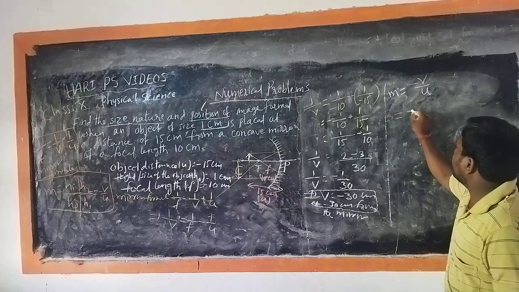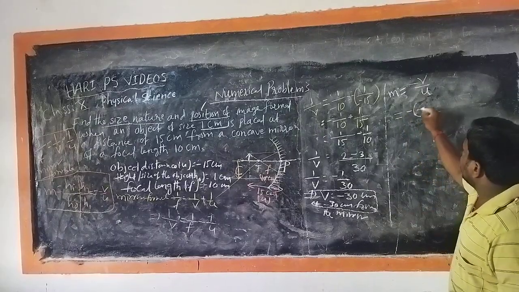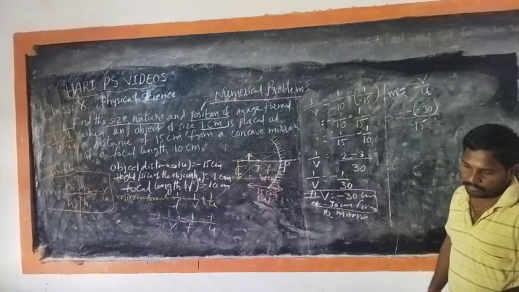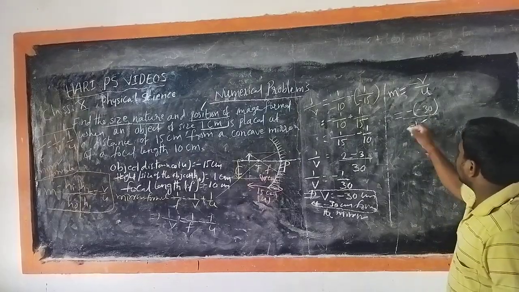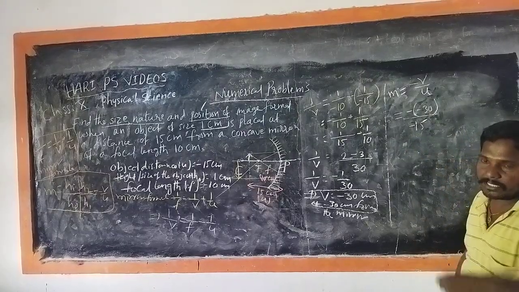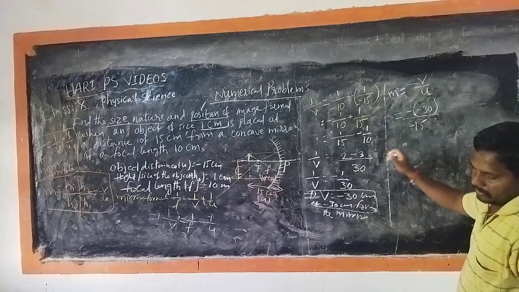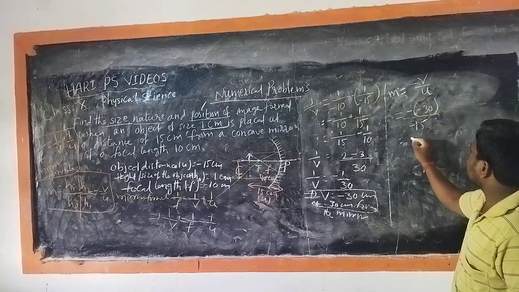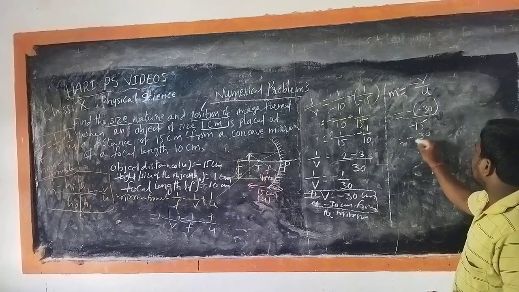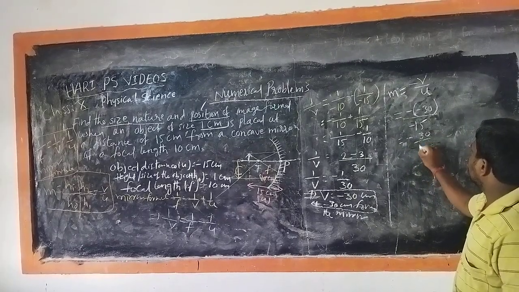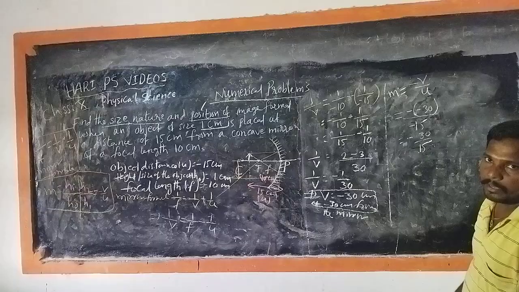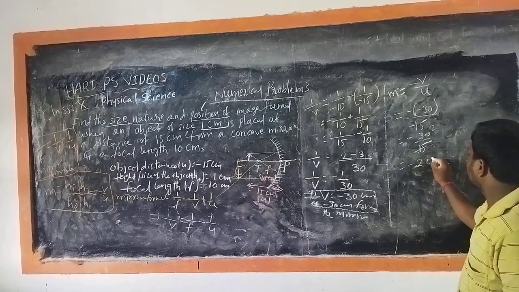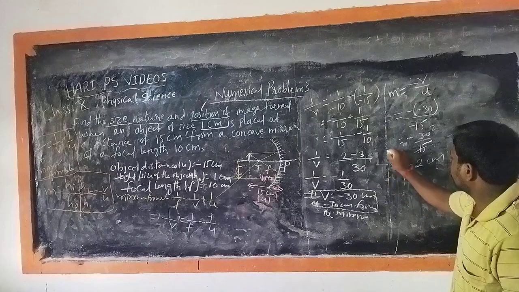Substitute the values: minus of minus 30 by minus 15. Cancel, that is equal to minus 30 by 15, which is equal to minus 2.